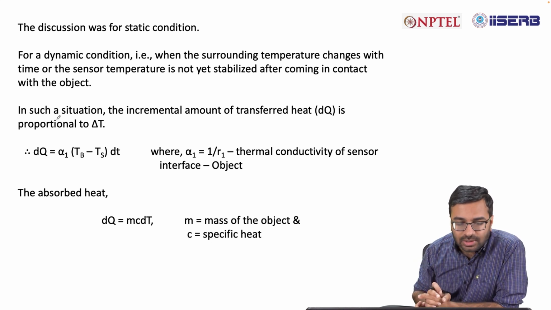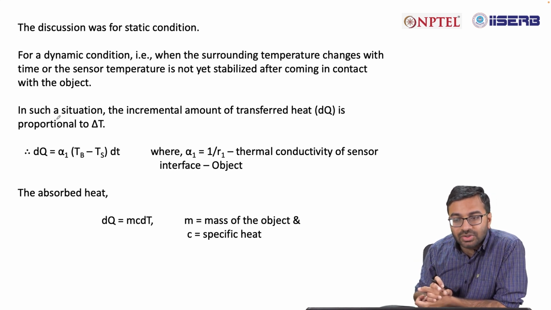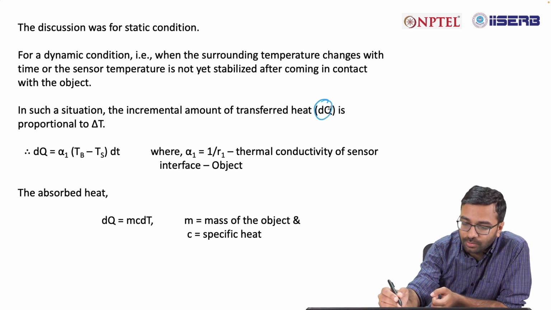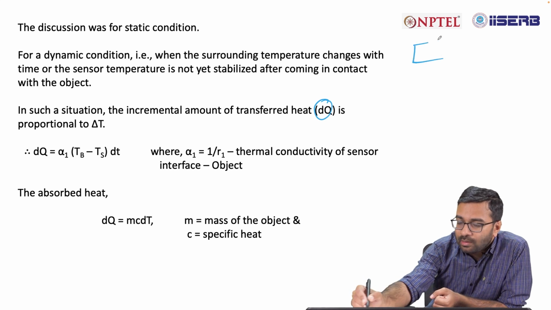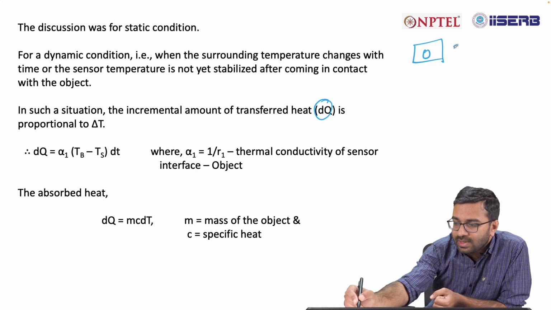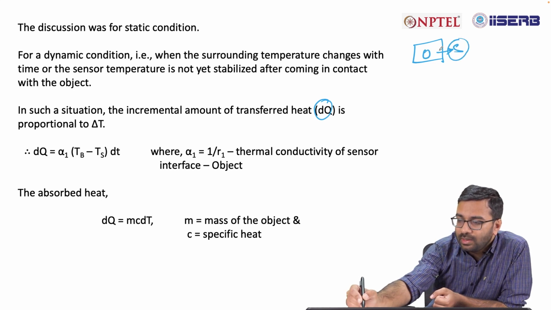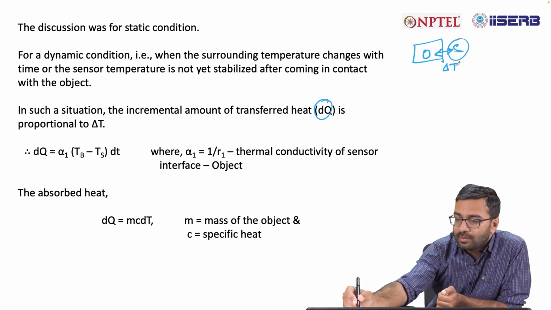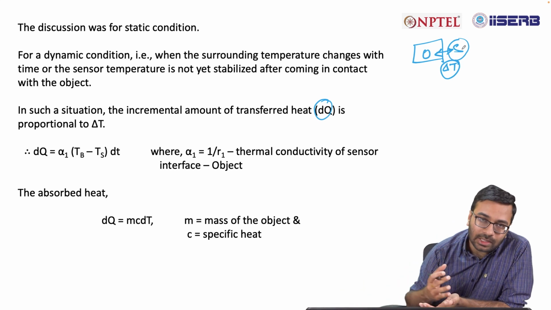But for a dynamic condition, that is when the surrounding temperature changes with time, or the sensor temperature has not yet stabilized after coming in contact with the object, you will find that the incremental amount of transferred heat, that is dq, between the object and sensor is proportional to the delta T, that is the gradient between them.